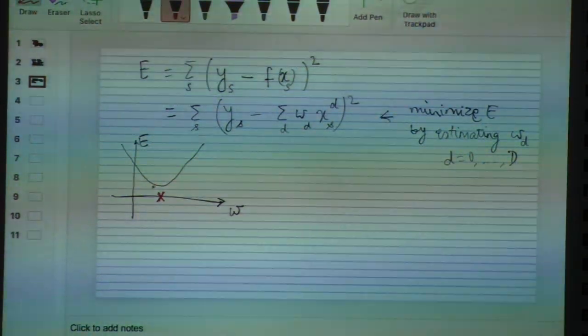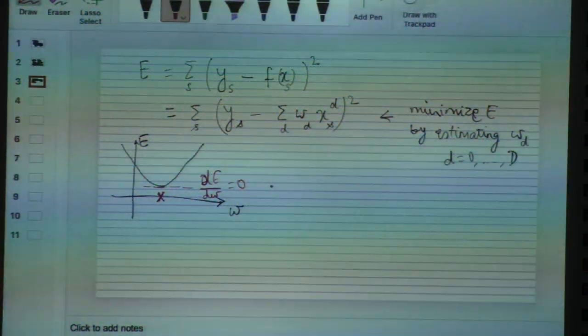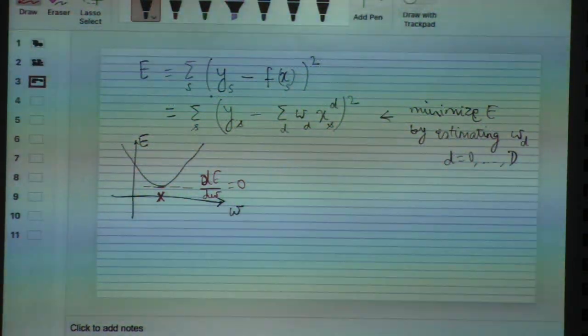So how do I find it? I know that the slope will be 0. Right? That's what I am going to do now. So I am going to differentiate E with respect to W and equate it to 0.